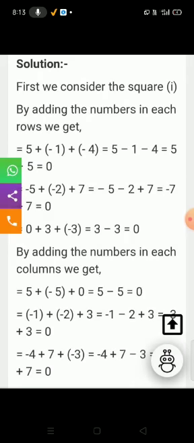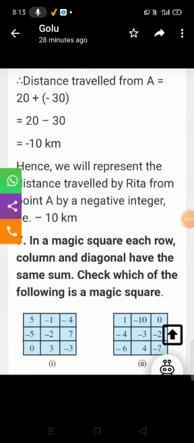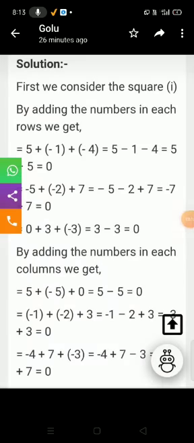First we consider the first square. By adding the numbers in each row we get the following. At first we will add the row numbers: first, 5, minus 1, minus 4.